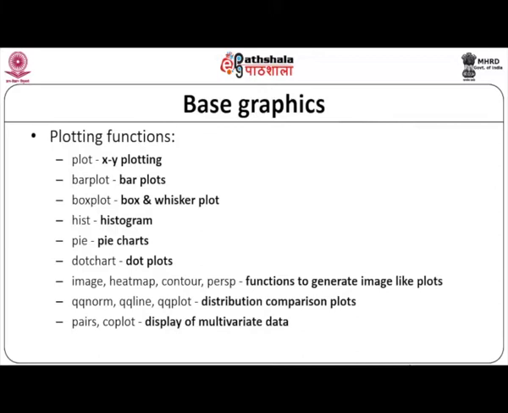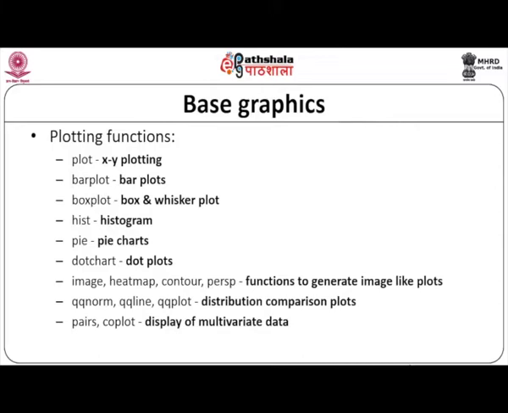We have a function named barplot for plotting bar plots that highlight the distribution of data. We also have boxplot for plotting the box and whisker plot, providing the outliers and also the correct range of values associated with a given data.